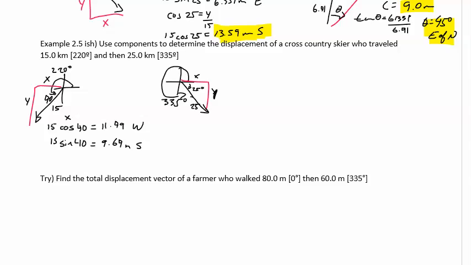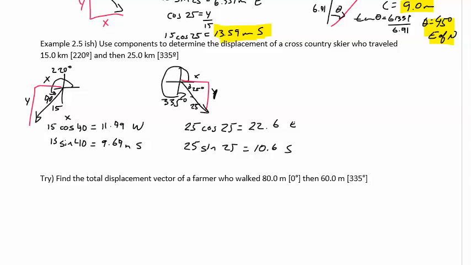My apologies for that. To find the x component, it's 25 cos 25 will get us the x component. That x component is running 22.6 east. To find the y component is 25 sine 25, and that is 10.6, and that's running south.